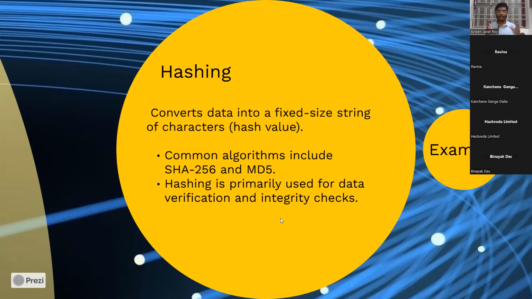We use a function known as a hash function to convert the data, which may be a number or a string, a set of alphabets, into a fixed-size string of characters, known as the hash value. Some common hashing algorithms are SHA-256 and MD5. Hashing is primarily used for data verification and integrity checks. That is what it is basically used for.